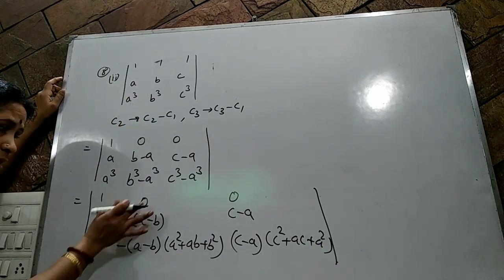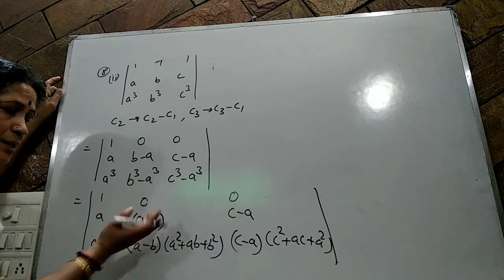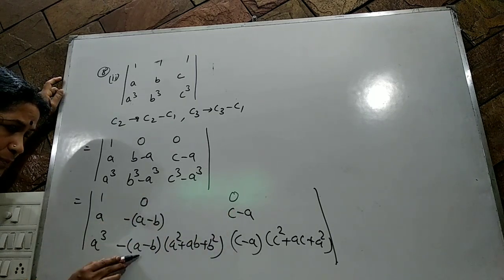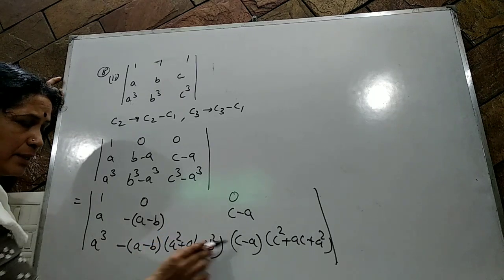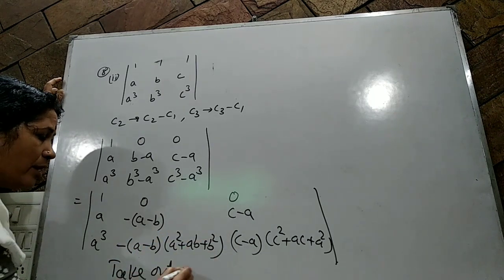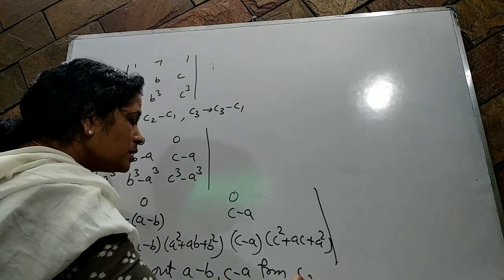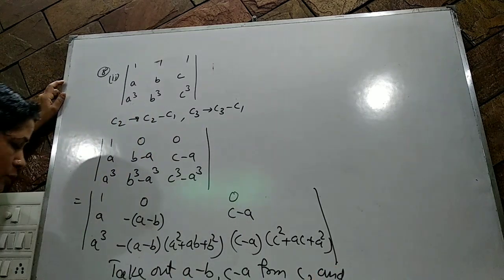Now see, in column C2, A minus B is common, because 0 into A minus B gives 0. Here C minus A is common. Take out A minus B and C minus A from C2 and C3 respectively.